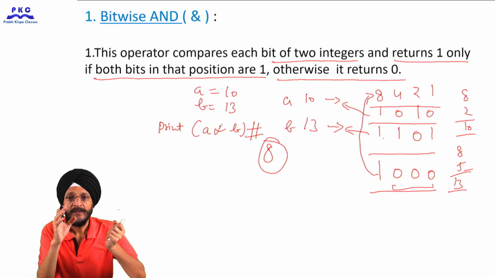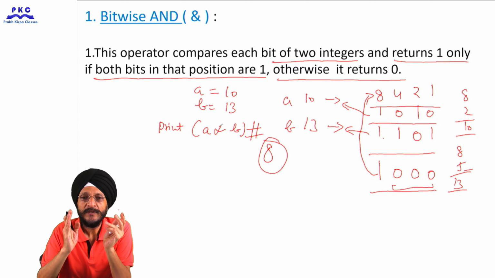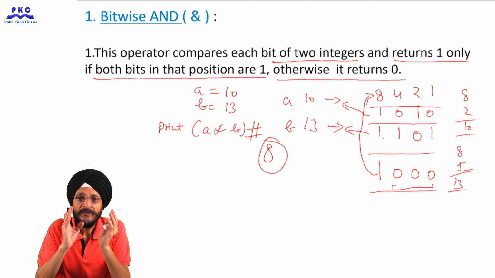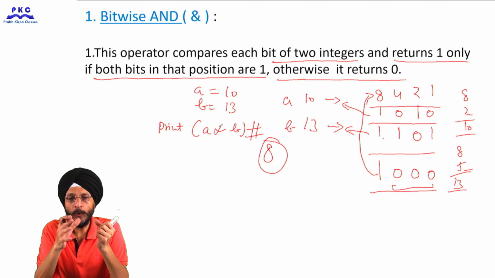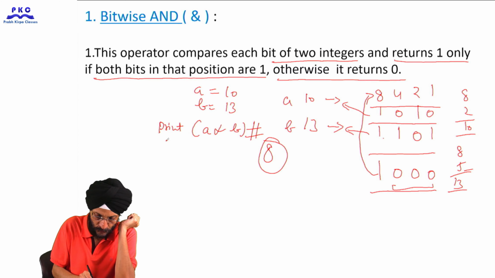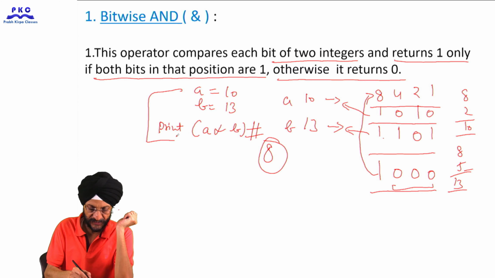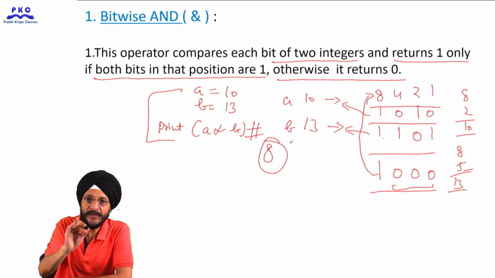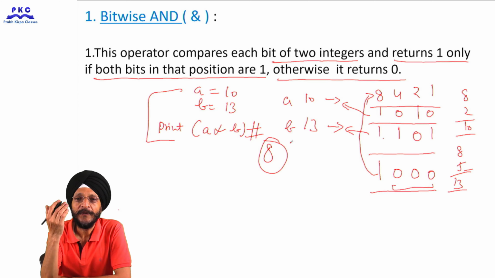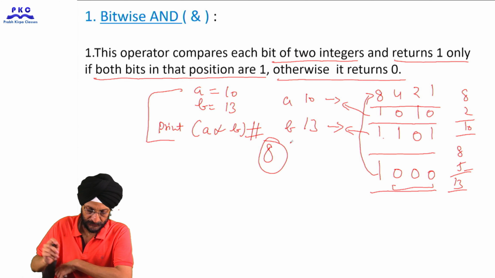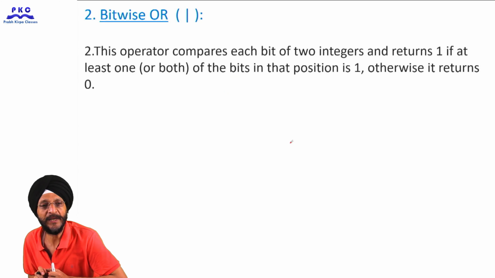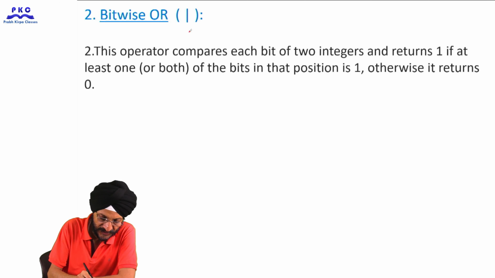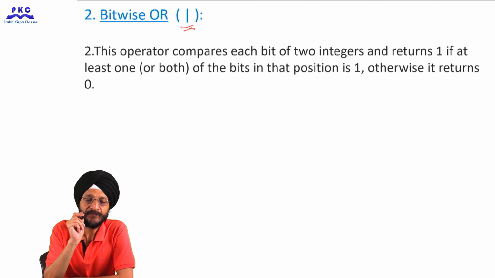When we use Visual Studio Code, the code editor, with the values A and B and print A and B, the ultimate result we will get is 8. Now another operator, the bitwise OR operator. This is the sign.